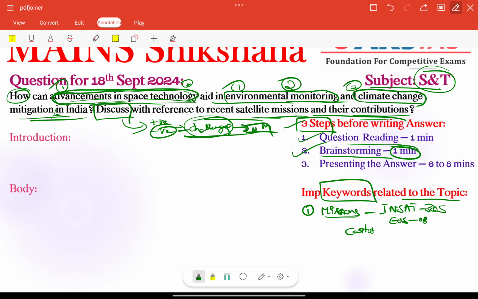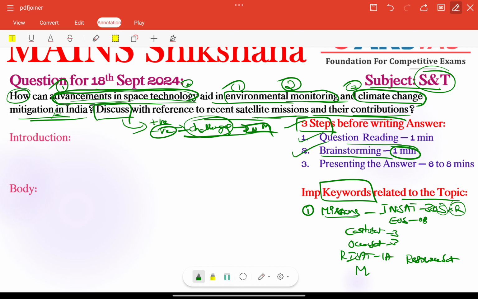We have Cartosat, OceanSat 3, Cartosat 3, right? INSAT 3DR also we have, 3DS and 3DR. So we have RISAT, RISAT 1A, especially synthetic aperture radar technology, and also ResourceSat. All these are important examples we need to include here and there in the answer, right?